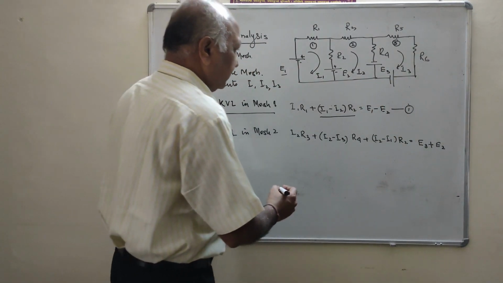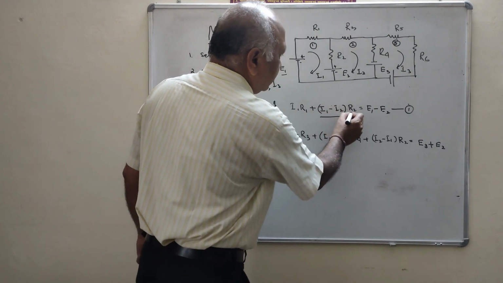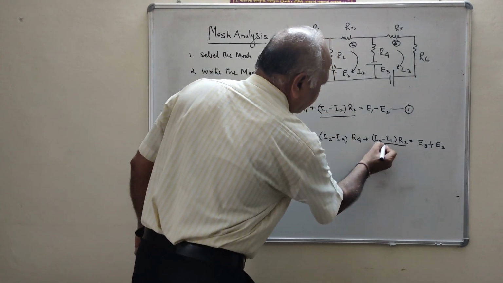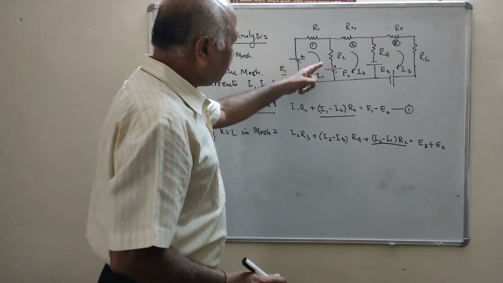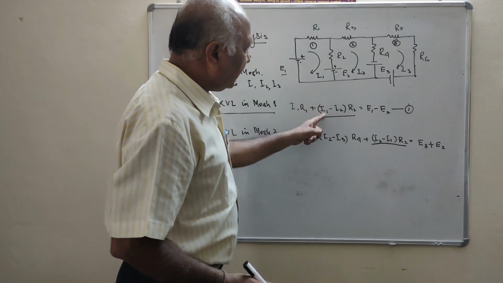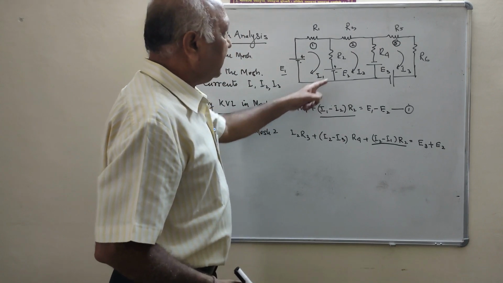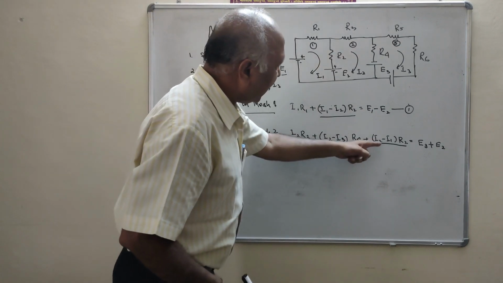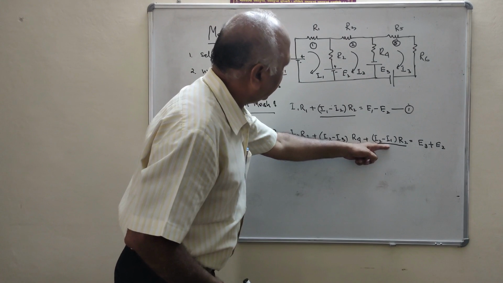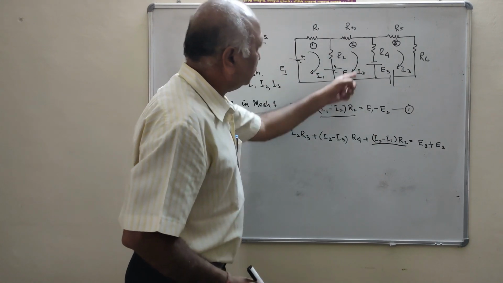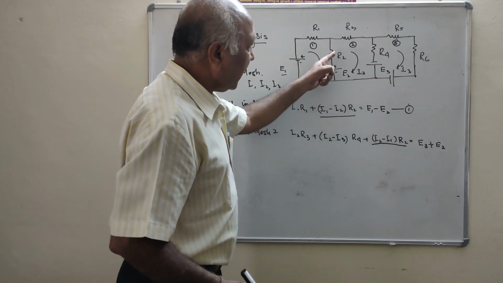Now you will see, I1 minus I2 into R2 in mesh 1, and here I2 minus I1 into R2. Here we take I1 minus I2 because I1 is the dominating current. In mesh 2, we write I2 minus I1. That means in mesh 2, the dominating current is I2.